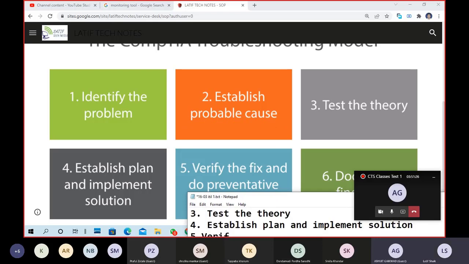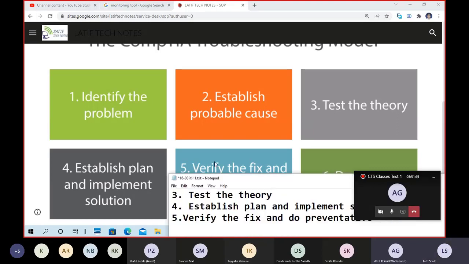Verify the fix. Okay, make sure it is working, and do preventive actions. Do preventive measures.